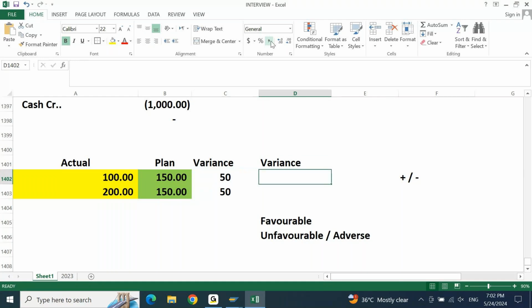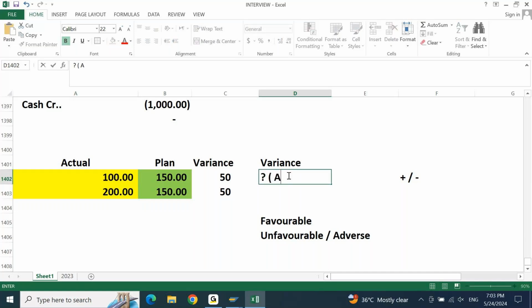This time I'm going to calculate based on the formula. Manually when I calculated the difference, it was 100, 150, 50, 200, 150, 50. But you are not sure whether to deduct 100 from 150 or to deduct 150 from 100. Correct? Now there is again a question mark.